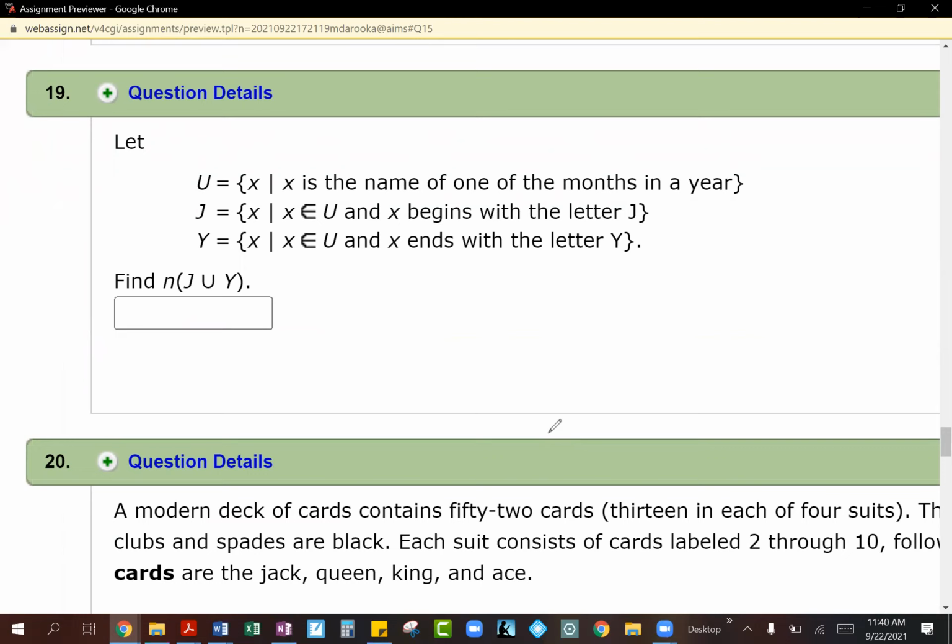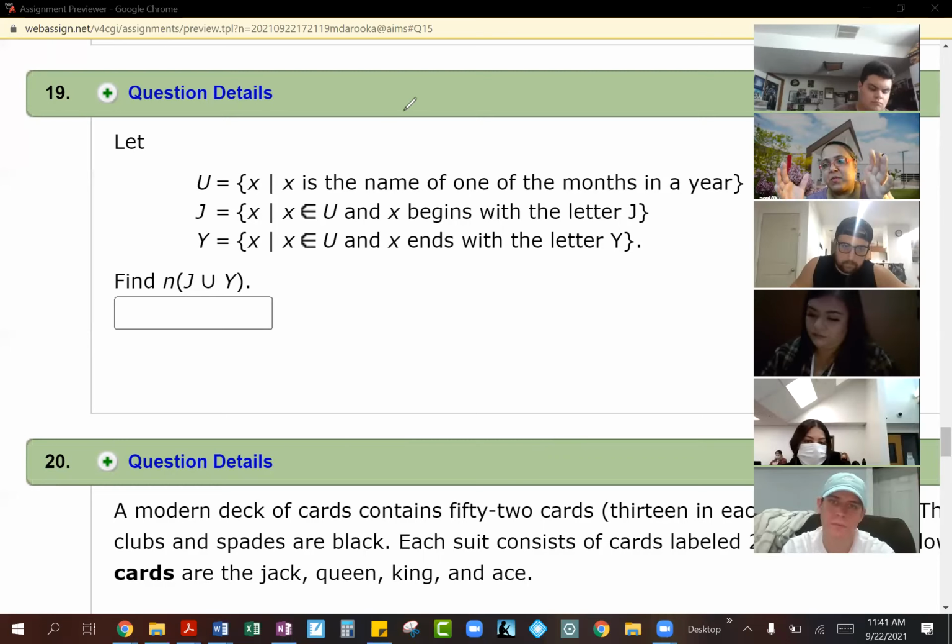If they're saying X is the name of one of the months in a year, what will the elements of that universal set be? Technically you should have all 12 months in there, right? Everything from January, February, March, all the way to November, December. So that's your universal set.